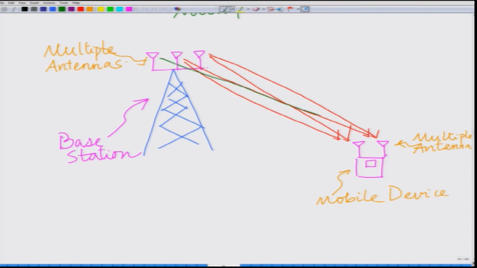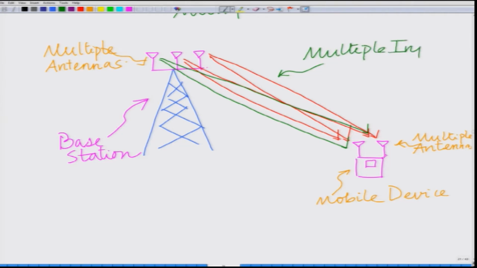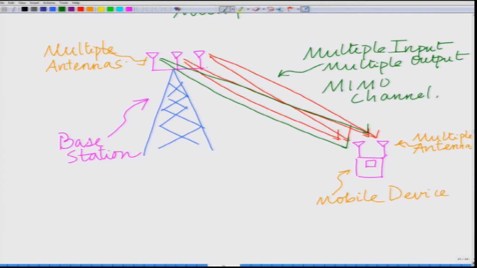And therefore, what you have now is basically a full-fledged MIMO channel. This is a multiple input multiple output, that is basically a MIMO channel.